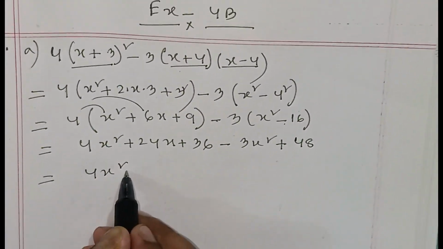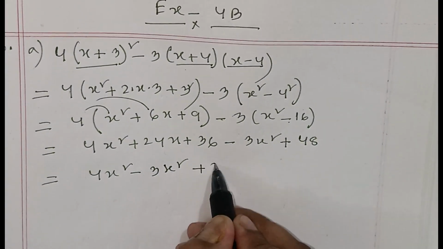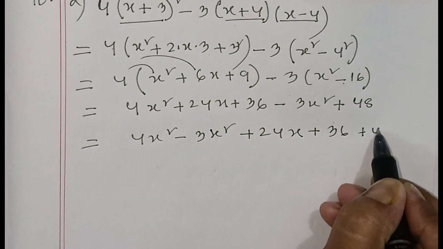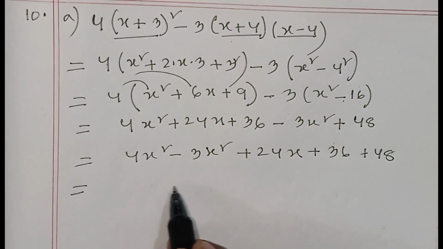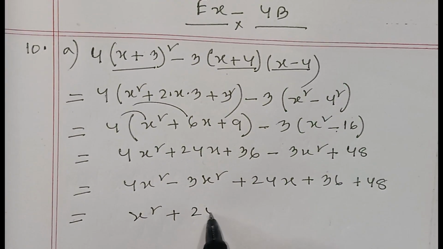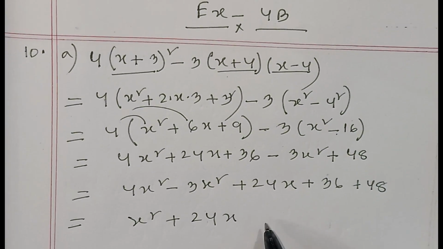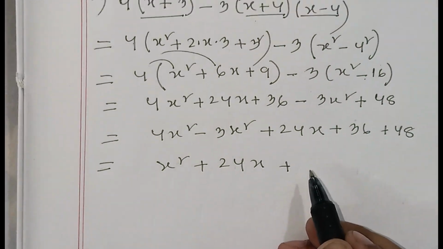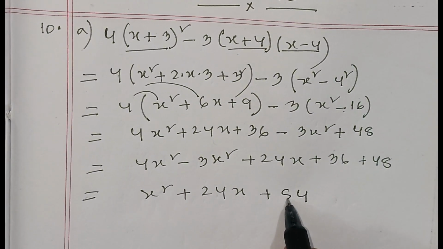So arrange this, 24x plus 30x plus 48 number arrange. Now plus and minus, minus, 4x square minus 3x square, that means x square plus 24x, and 36 plus 48, that means 84.